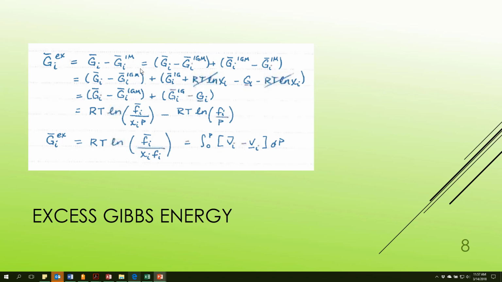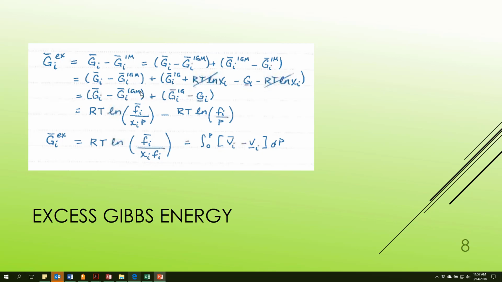This expression I'll just leave alone for now. This here, I can use the definitions of what this is relative to an ideal gas or relative to the pure species by definitions we've obtained earlier. The ln of x terms cancel out, and so I'm left with these.